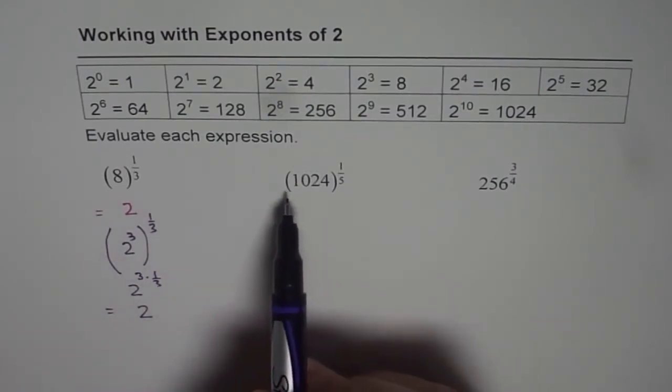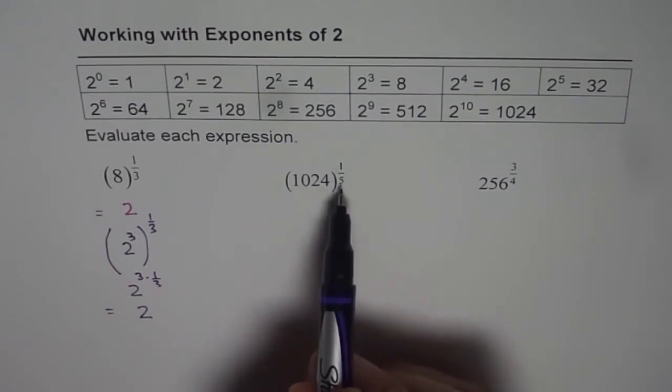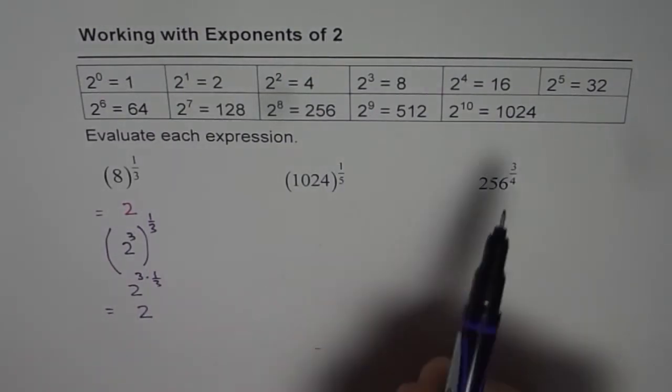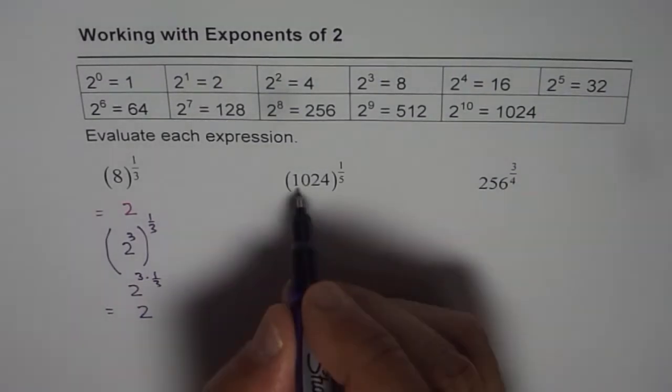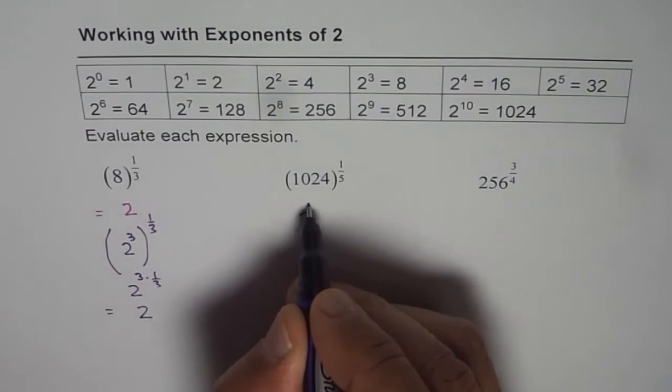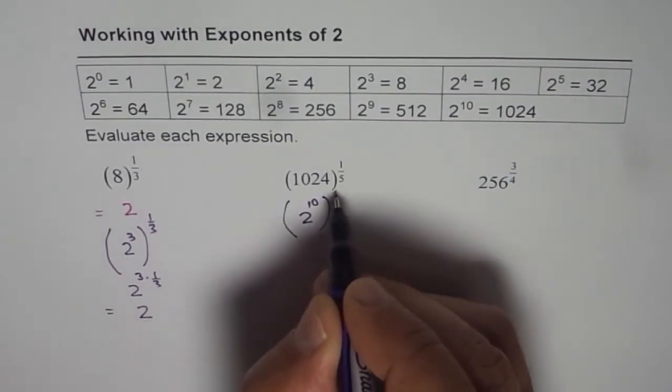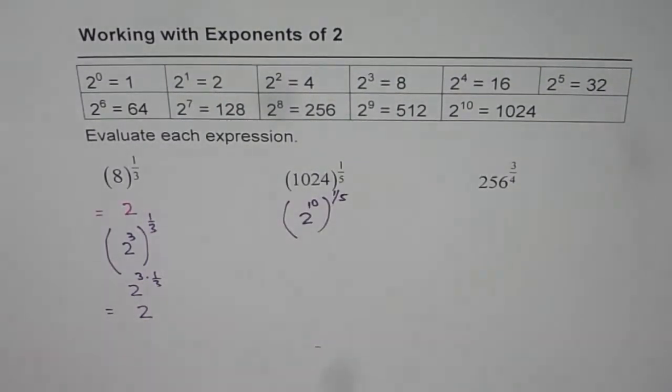So we now have 1024 to the power of 1 over 5. 1024 is 2 to the power of 10. So I'll write 1024 as 2 to the power of 10, and then we have exponent 1 over 5.